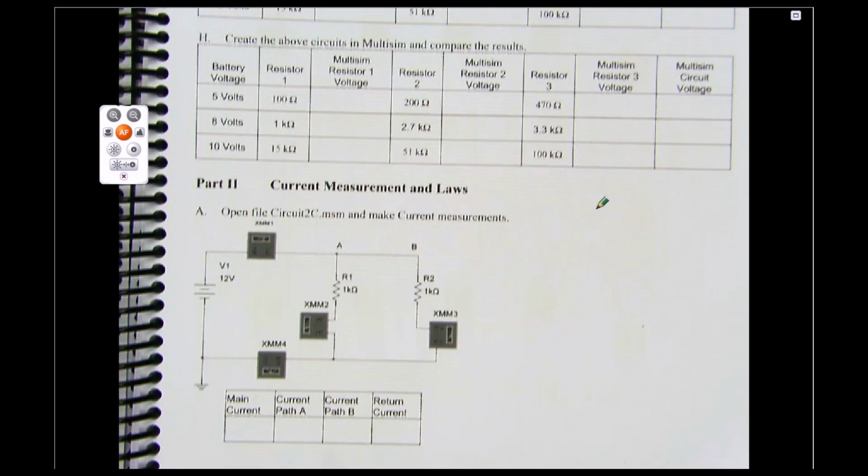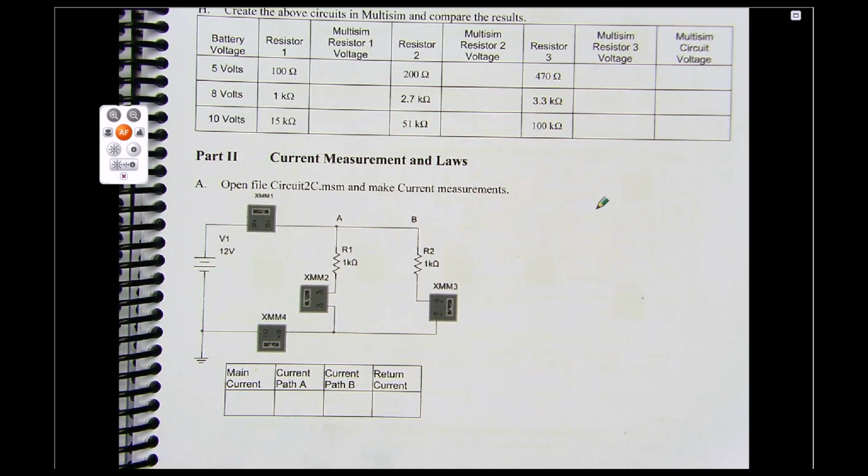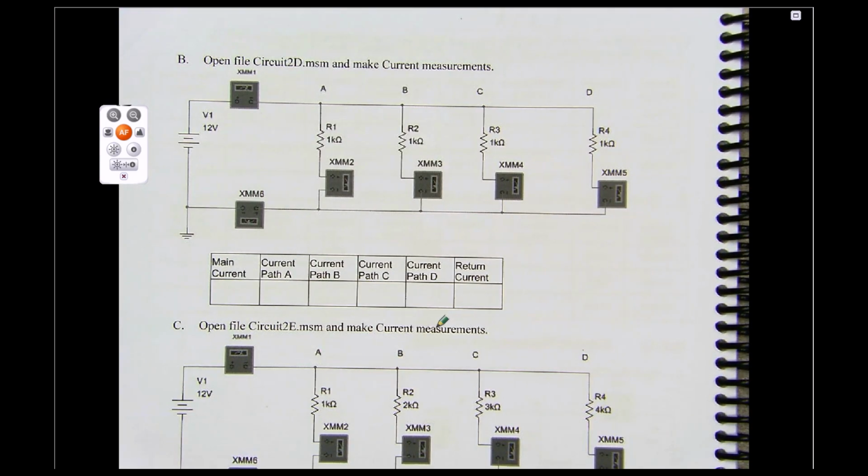All right. And then down here, you're going to be opening up this circuit in Multisim and making those measurements, the currents for the whole circuit and the current for path A and path B. And then you're going to go on and do the same thing.